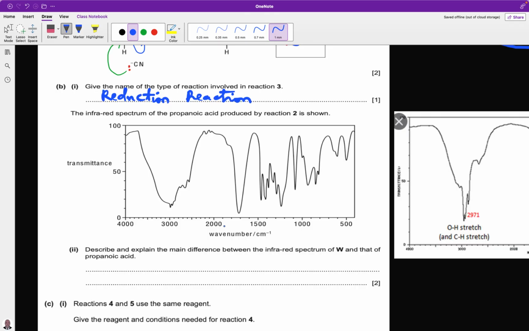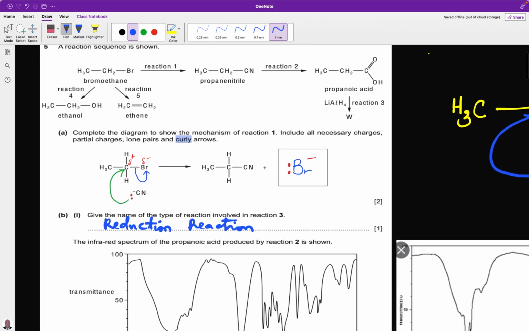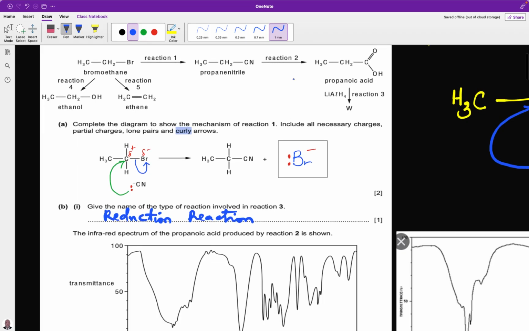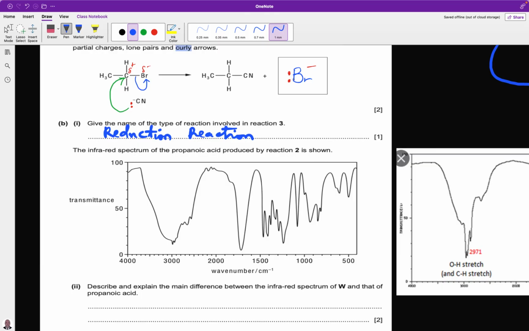The infrared spectrum of the propanoic acid produced by reaction 2 is shown. That is reaction 2, from propane nitrile to propanoic acid. This is the infrared spectrum of propanoic acid produced by reaction 2.